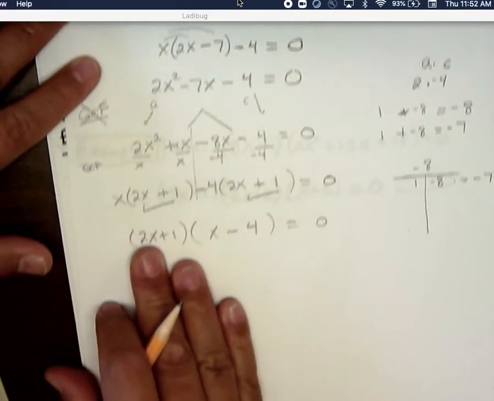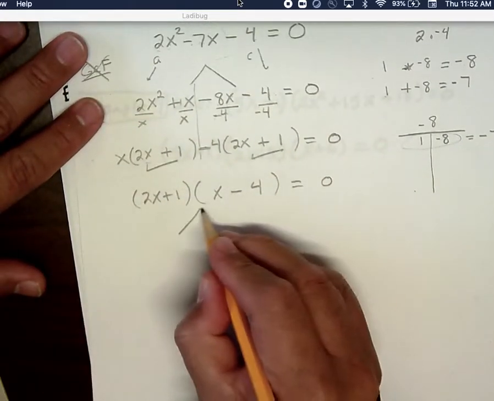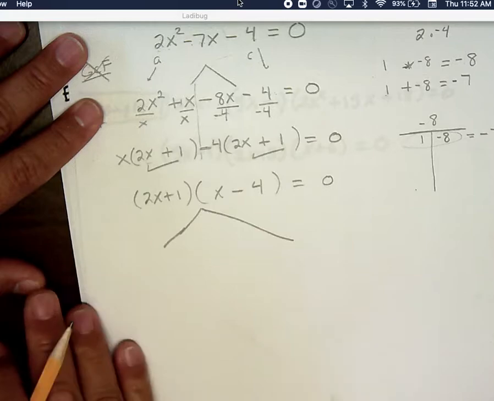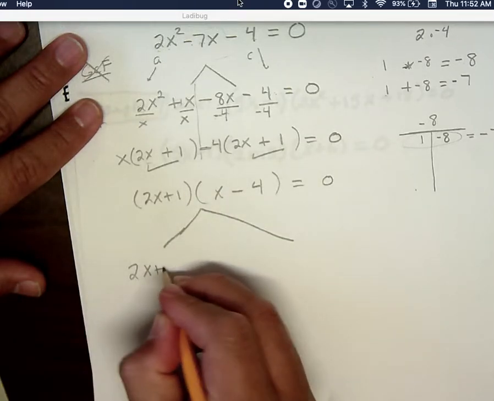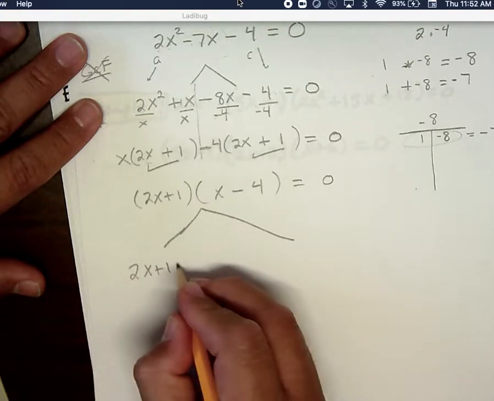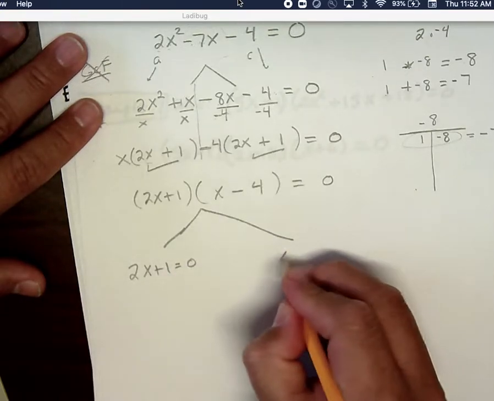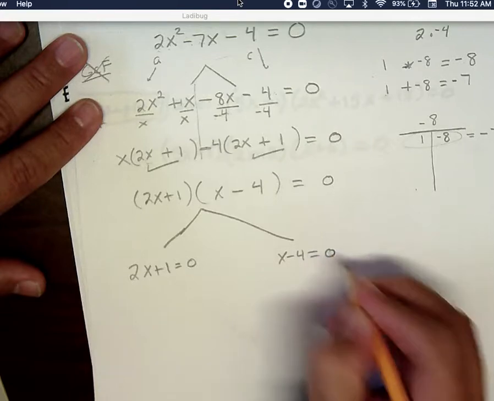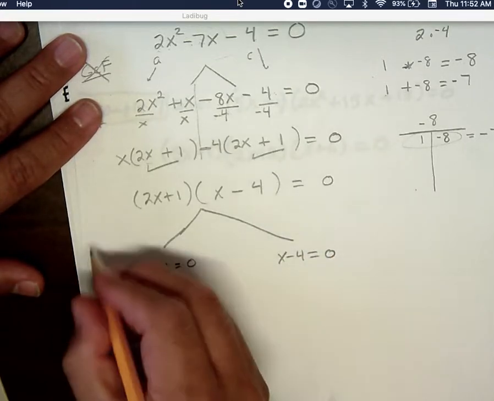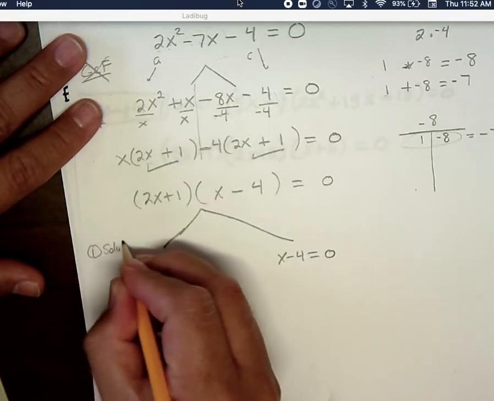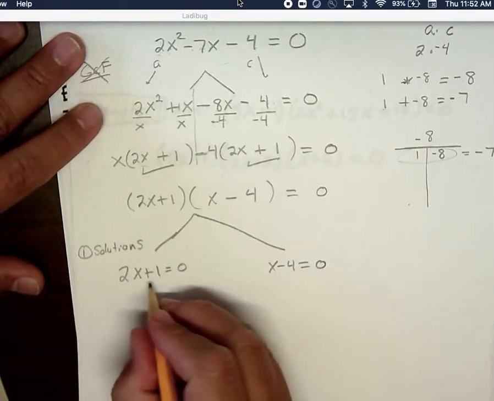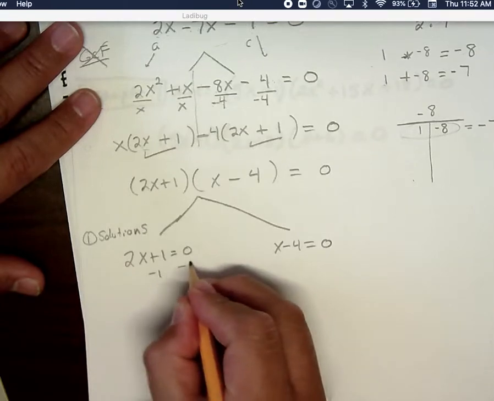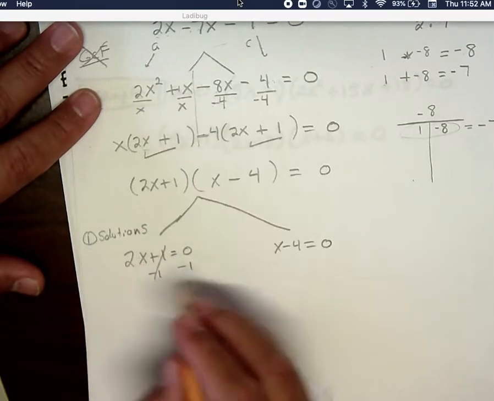Now, this is the easy stuff. We already have the factors. It's equal to 0 to find the solutions, the x-intercepts. So this is where you find the solutions. Just go ahead and start solving for x here.